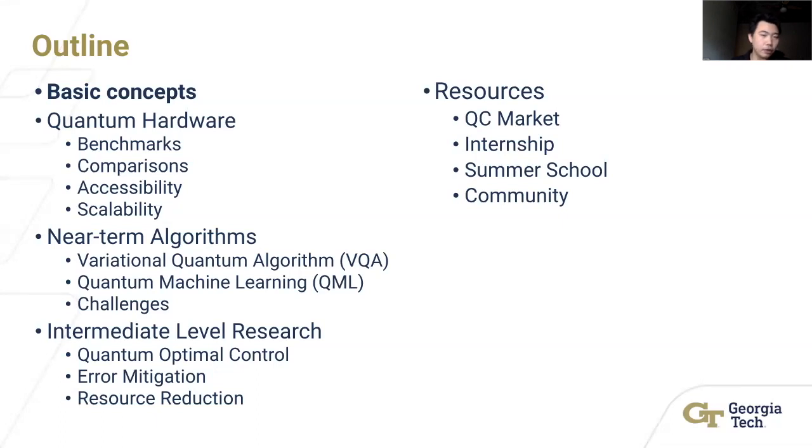Then I'm going to give a picture of the quantum stack, because except for the algorithm and hardware levels, there are many intermediate levels, and there are a lot of research opportunities there.